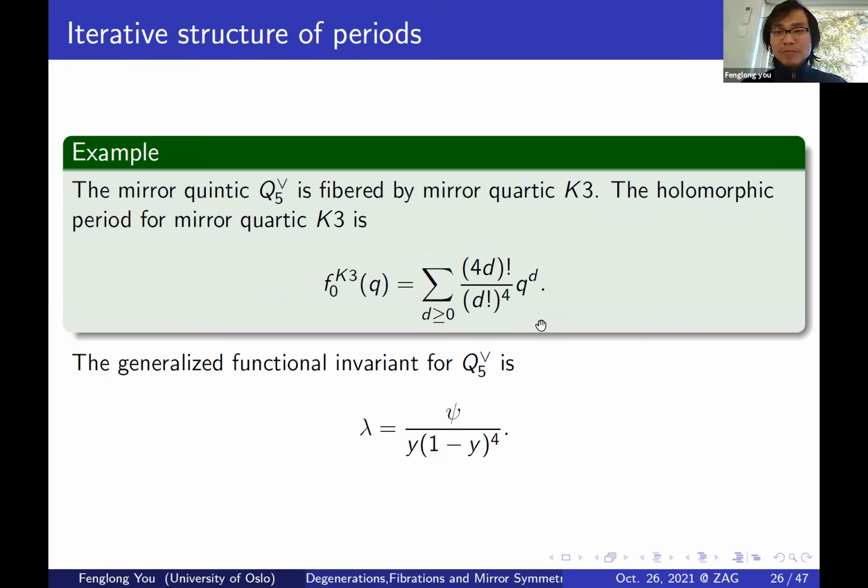Yeah, just by the singular fibers being related to these functions. This generalized functional invariant gives the information for what kind of singular fiber that you have. Yeah, right. That precisely captures the information from the singular fibers.